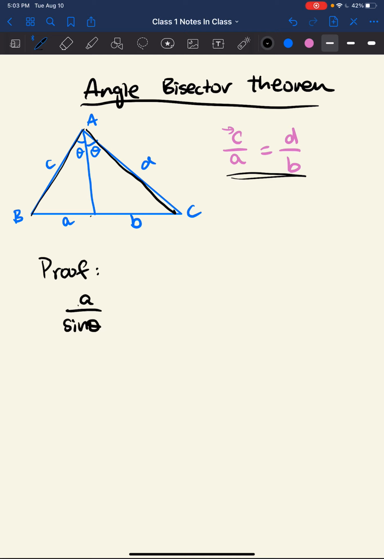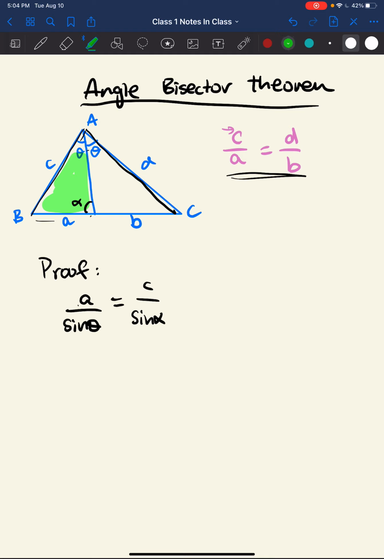This proof also utilizes the sine law. If we look at this triangle right now, A over sine theta should equal, let's name this angle alpha, C over sine alpha.